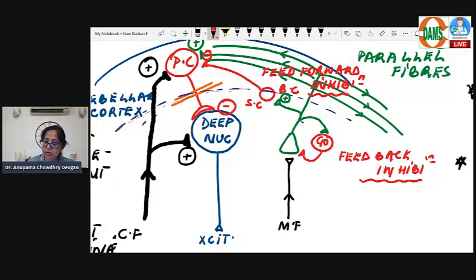Okay? So you've got Rupa Lakshmi absolutely right. Climbing fibers are input fibers. Mossy fibers are input fibers. Fibers from the deep nuclei are the output fibers. So if I can just make the arrow, this is output here.